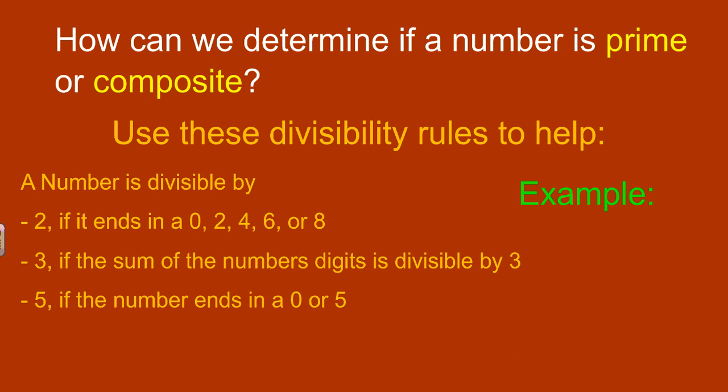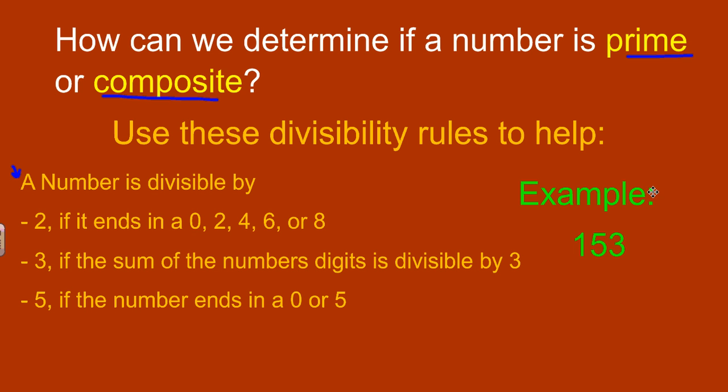How can we determine if a number is prime or composite? Yes, we can use the divisibility rules to help us. And here we have our divisibility rules. A number is divisible by 2 if it ends in 0, 2, 4, 6, or 8. So let's look at an example.